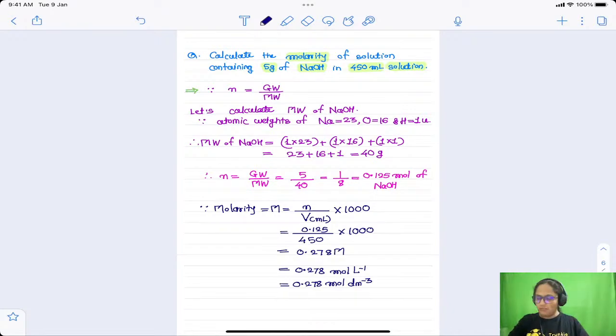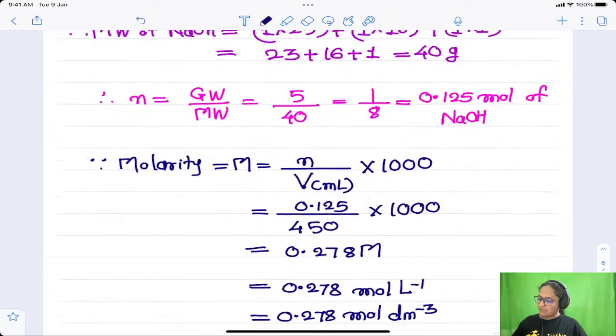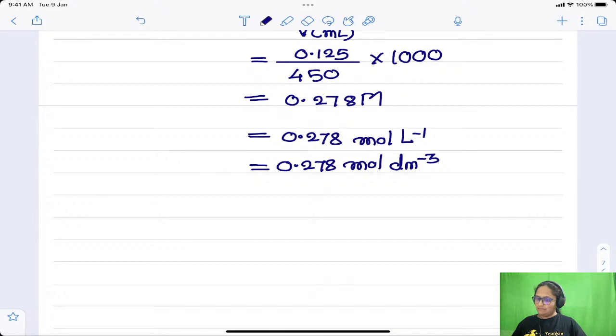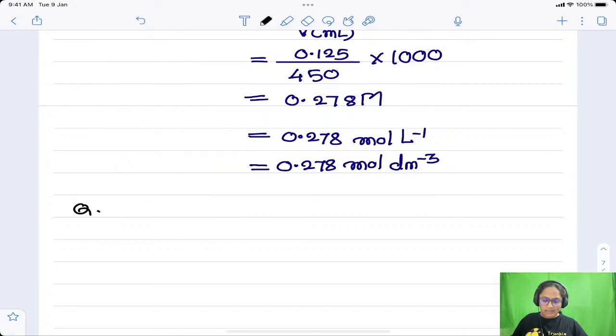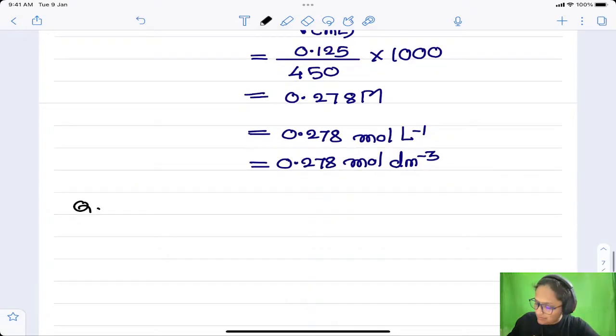Now let us see one more different type of question on the molarity. Second question. I'll write down the question first of all.